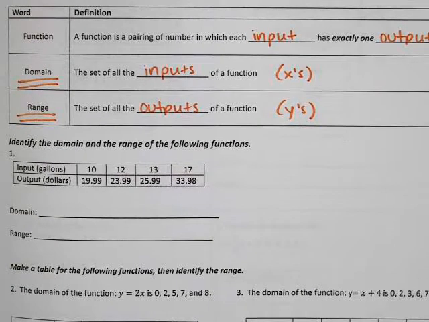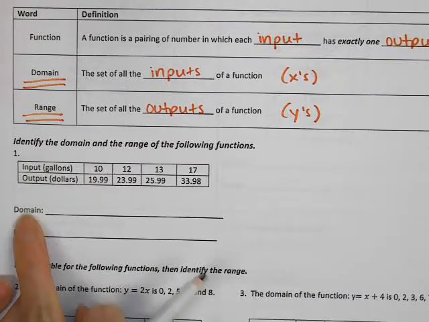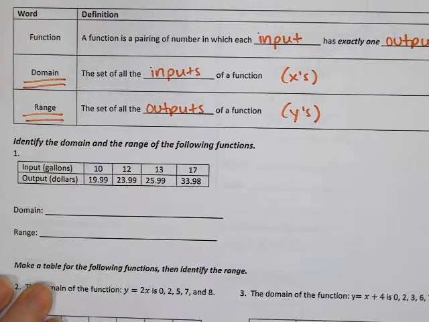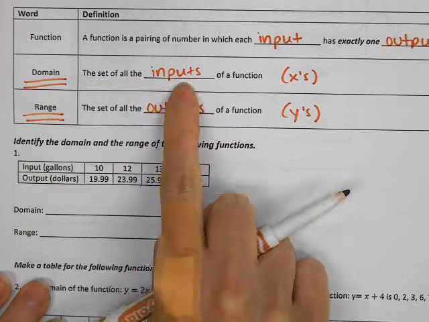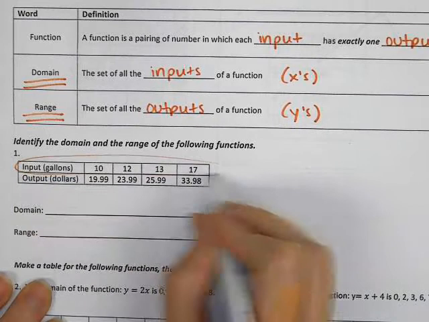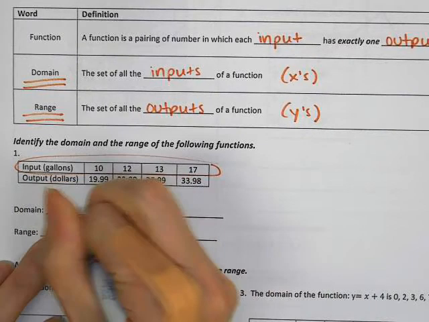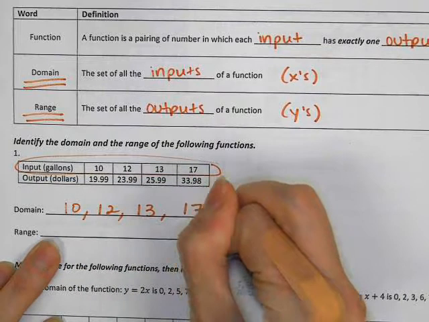So, if you guys are given a table of inputs and outputs, can you write the domain and the range? So, remember, we just said domain is a list of all the inputs. So, if this row is your inputs, literally for domain, you just write these numbers, 10, 12, 13, and 17.